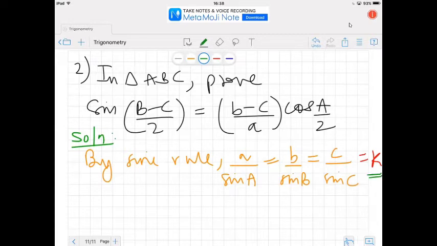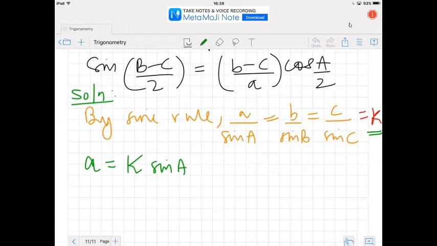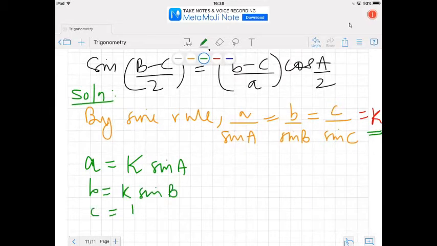So I can say that small a is equal to k times sine A. I can also write b is equal to k times sine B, and small c is equal to k times sine of angle C.